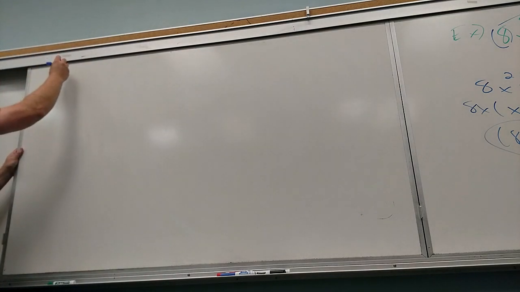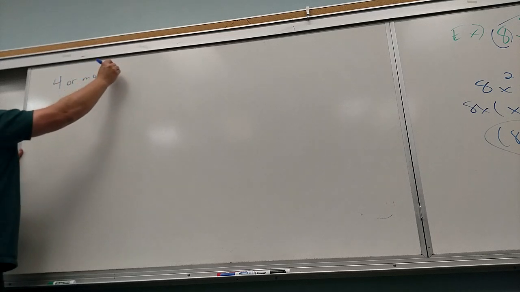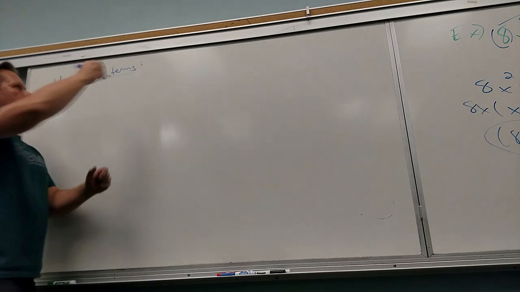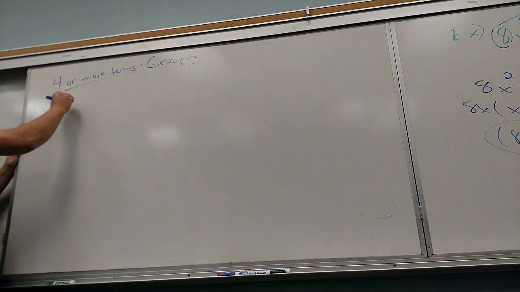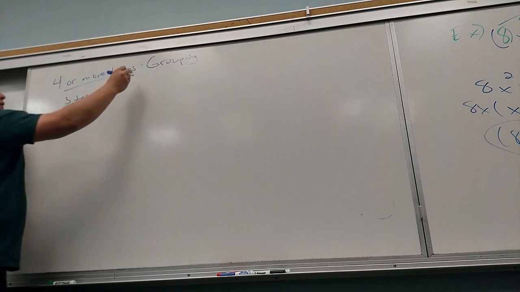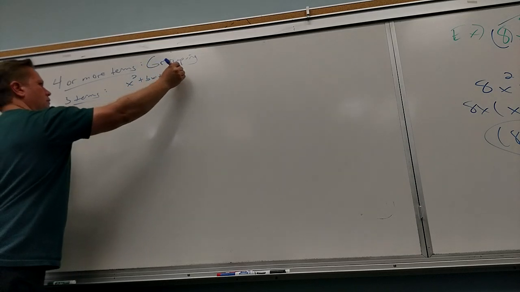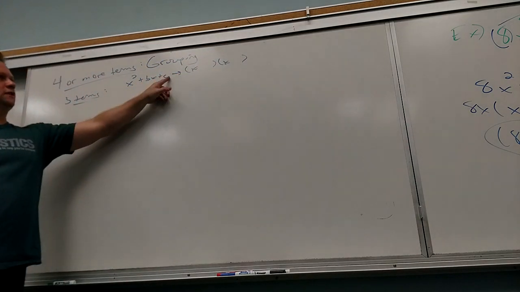So here's the next thing. Now we know what to do. 4 or more terms, what do I do? Grouping. I love it. 3 terms, it could either be the x squared plus bx plus c thing, where you get factors of c that add to b.